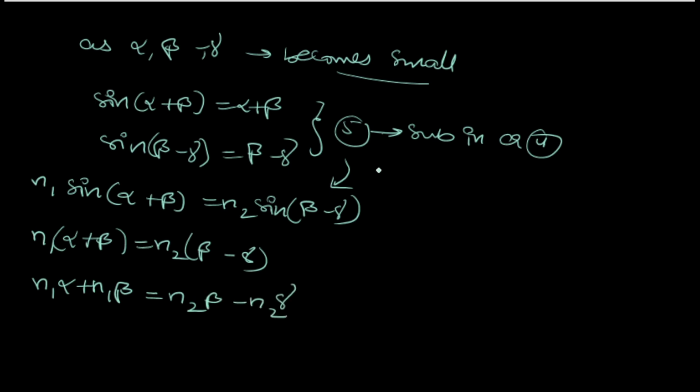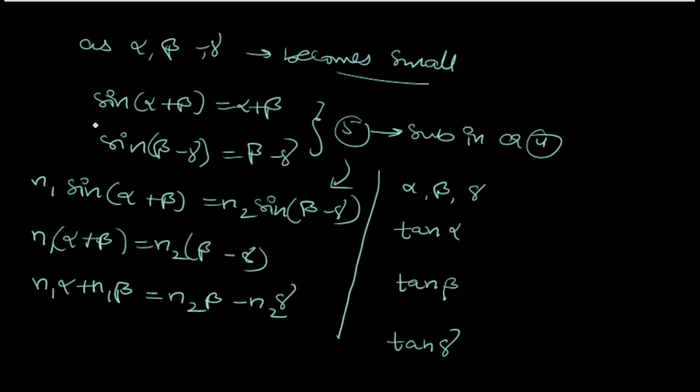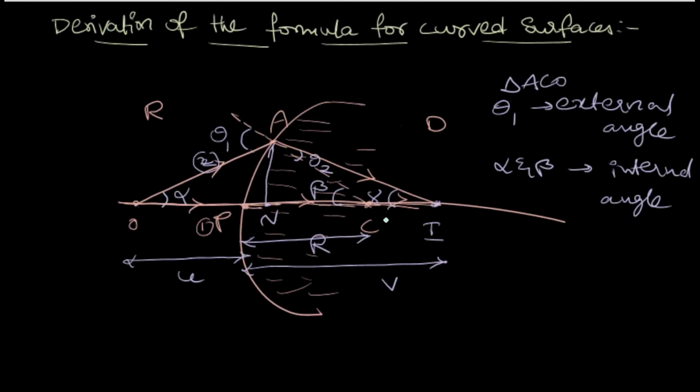Now I want to find out the values of alpha, beta, gamma. For this purpose I am considering tan alpha, tan beta and tan gamma from this figure. What is tan alpha? Actually tan theta is nothing but opposite side by base, right?